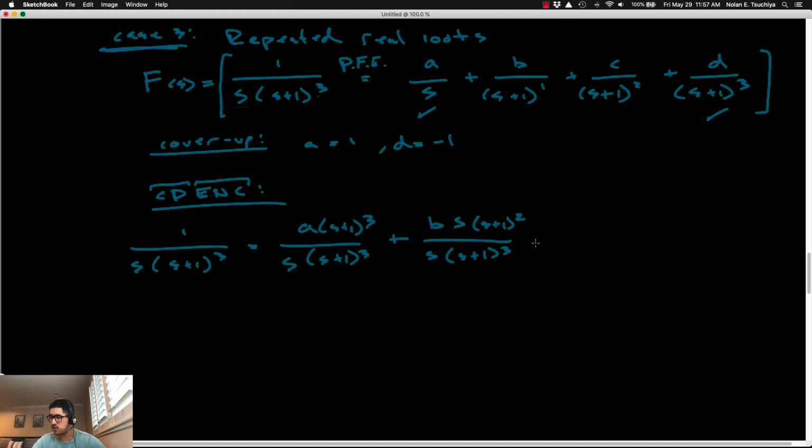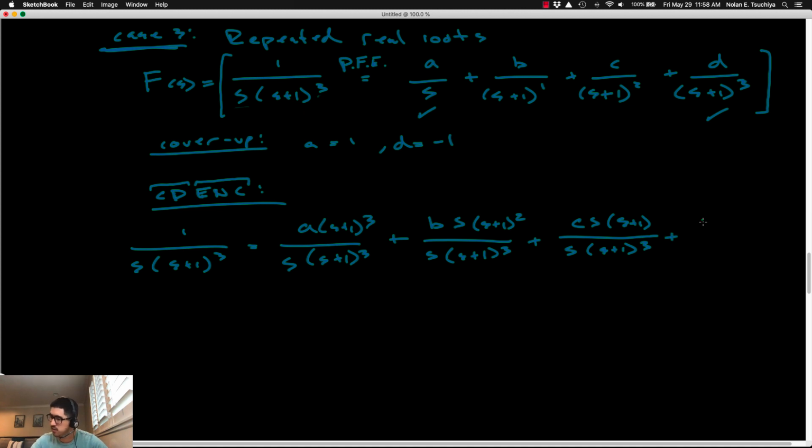Okay, for c, I have 2 terms of s plus 1 in the denominator, so I need an s and just one additional term of s plus 1 in the numerator to get s plus 1 cubed in the denominator, like so.